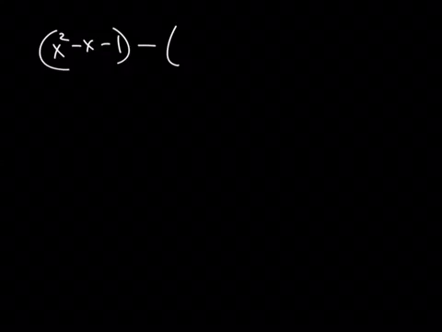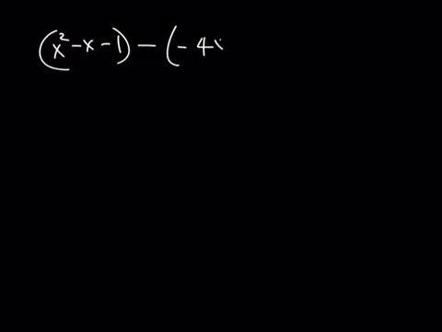So example 7, it says, subtract negative 4x squared plus 5x minus 7 from x squared minus x minus 1. So we're subtracting negative 4x squared plus 5x minus 7. Okay? So that's what it looks like.